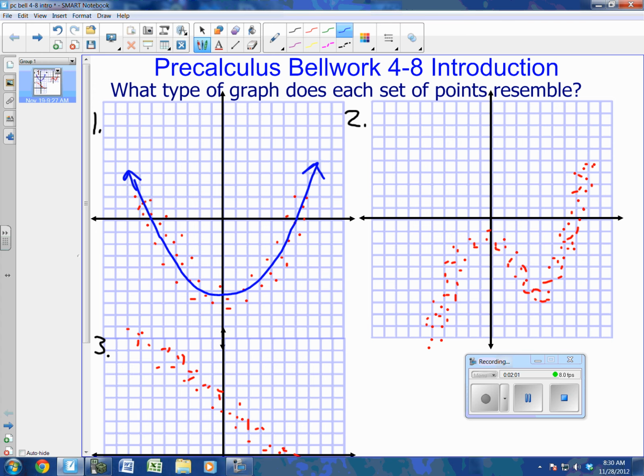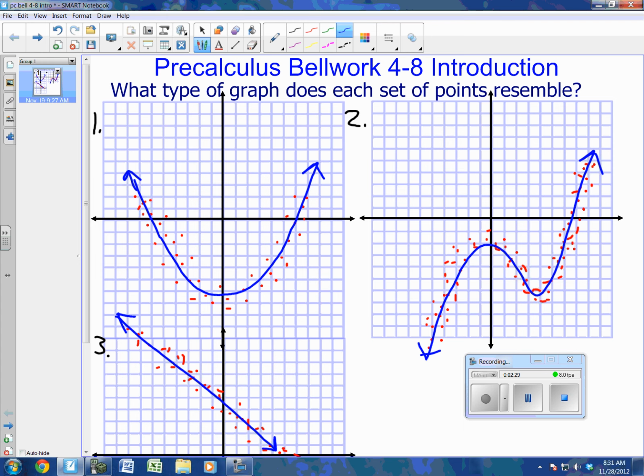Number 2 follows this kind of pattern right here, and we would say that follows a cubic pattern. And number 3 models this data right here. We say that it follows a linear pattern. We are going to be using these on the assignment 4-8 today.